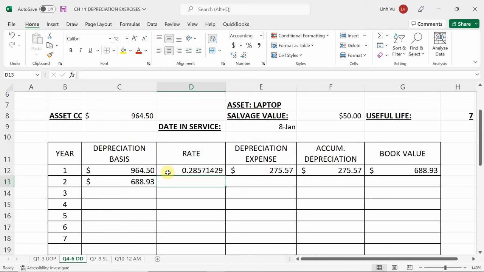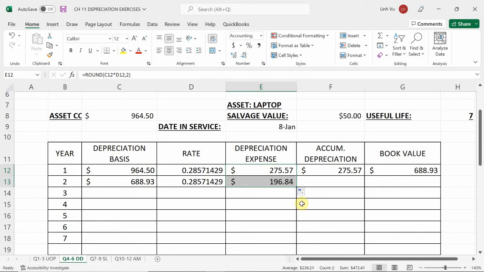Okay, that would be $196.84. Okay, I'm talking about the rate right now. It would be the same rate. And you said you got how much? $196.84. Good, right? Because it's depreciation basis times rate.